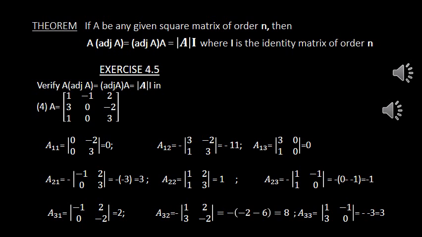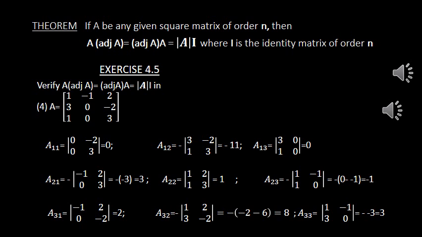Now its cofactor A13: the sign is negative 1 raised to 1 plus 3, that is negative 1 raised to 4, an even number. So it is the positive sign only, then the determinant 3 0, 1 0 equals 0.